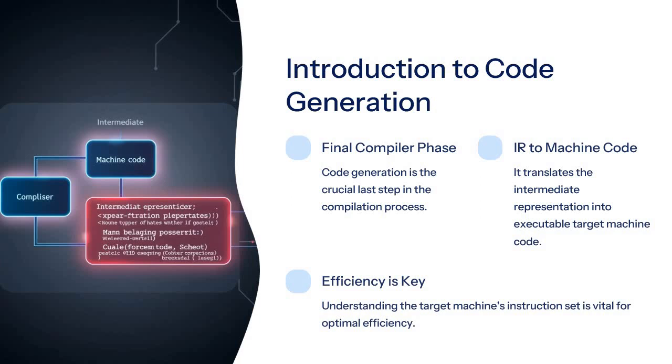But to do that, we must understand the target architecture, the instruction set, the register structure, memory model, and more. This makes code generation not just a mechanical translation, but a process where performance and accuracy really matter.